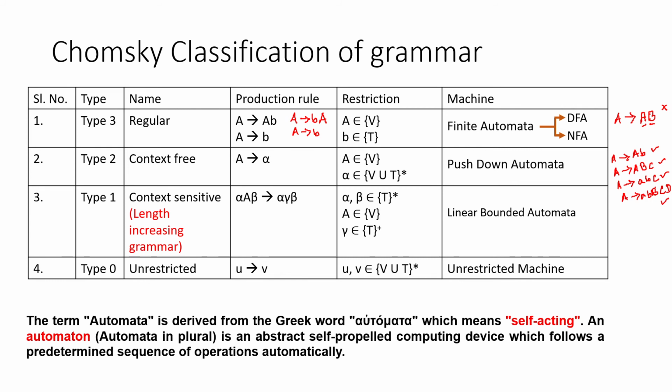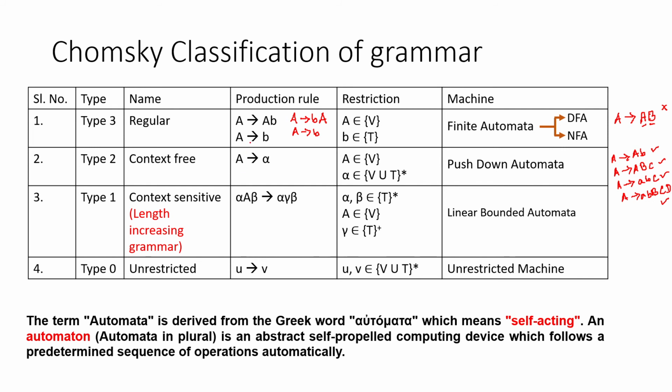So what difference can we find in these two cases? We have found a huge difference with respect to the RHS part. If you check the LHS part, they are the same, because in the LHS part, for regular grammar, we have only one non-terminal, and in case of context free grammar also, we have only one non-terminal.